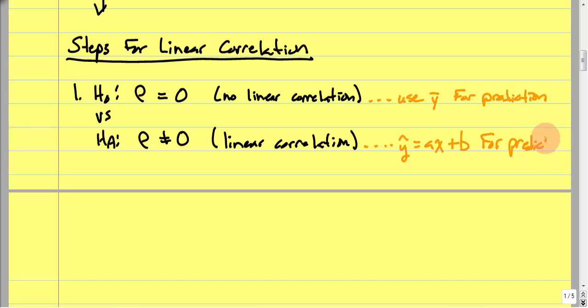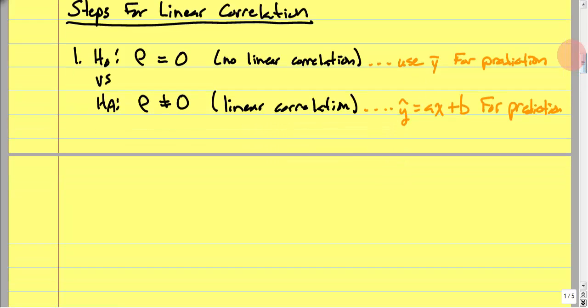If we show that the correlation coefficient is not 0. So once I have whichever case this is, then I would use y bar for prediction, and I would be done up here if I fail to reject H0. If I reject H0, then I would use my line of best fit.